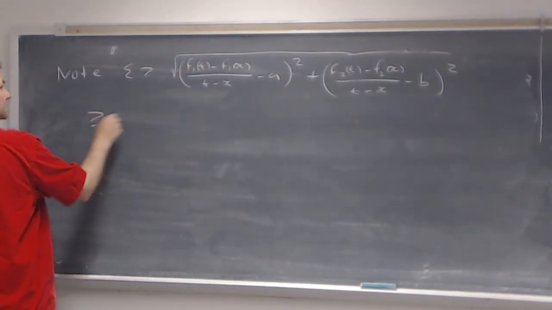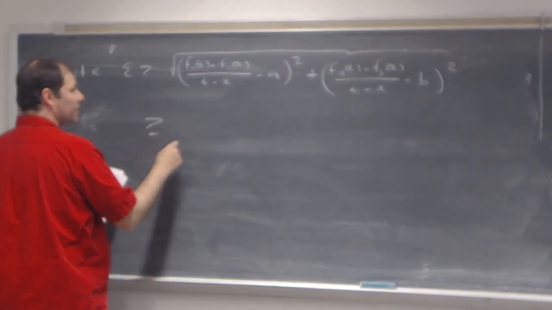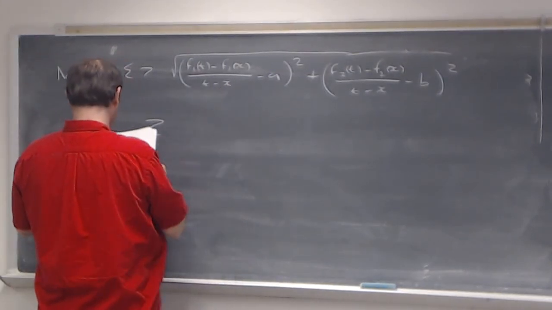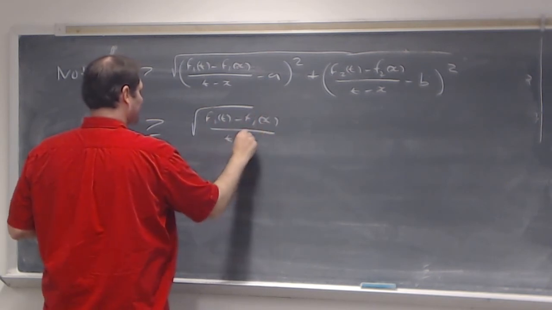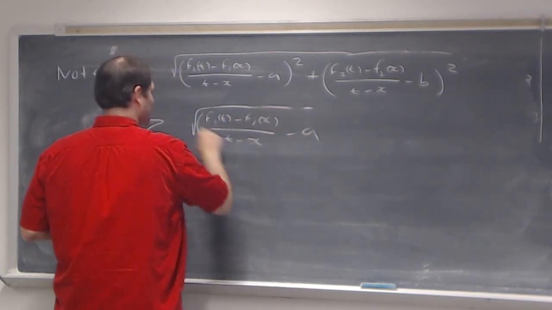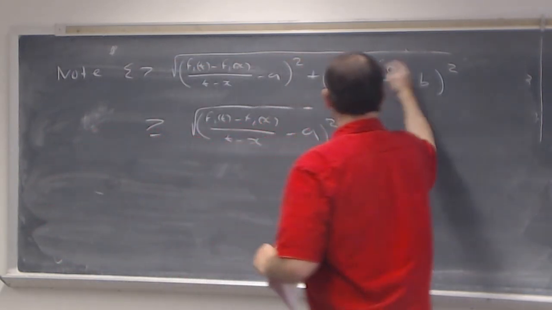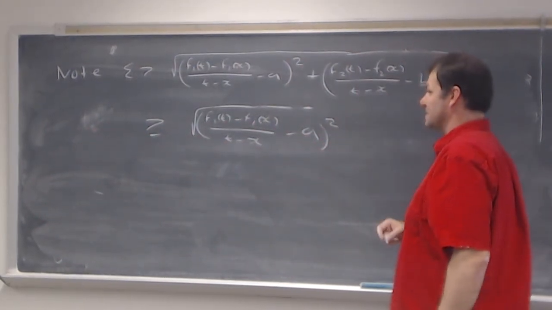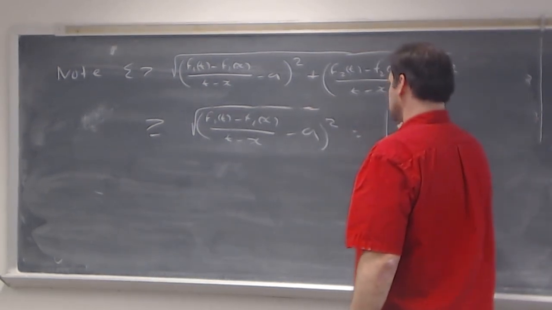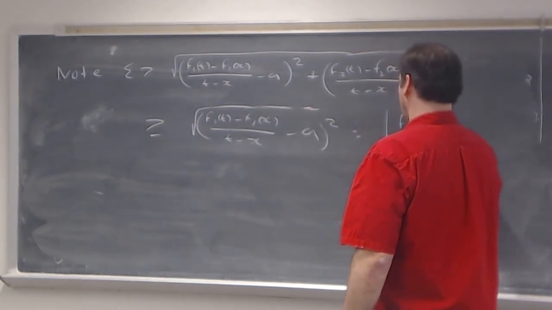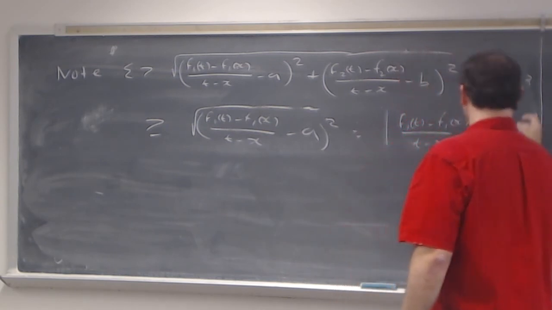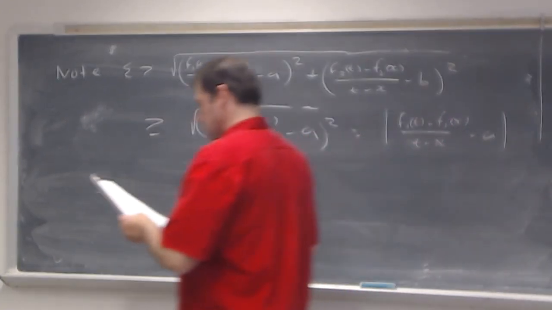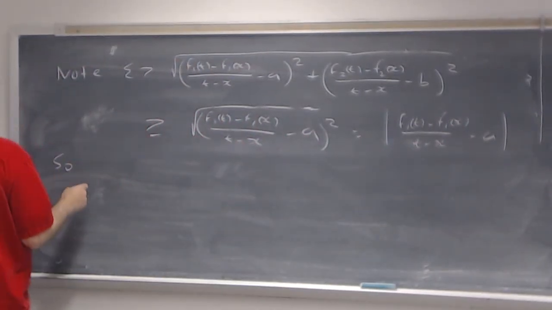But I'm going to say that what I just wrote is greater than or equal to this part. I'm dropping the second part here, and when I drop it, I get something smaller. But this is nothing more than the absolute value of f sub 1 of t minus f sub 1 of x all over t minus x minus a. We got what we wanted.